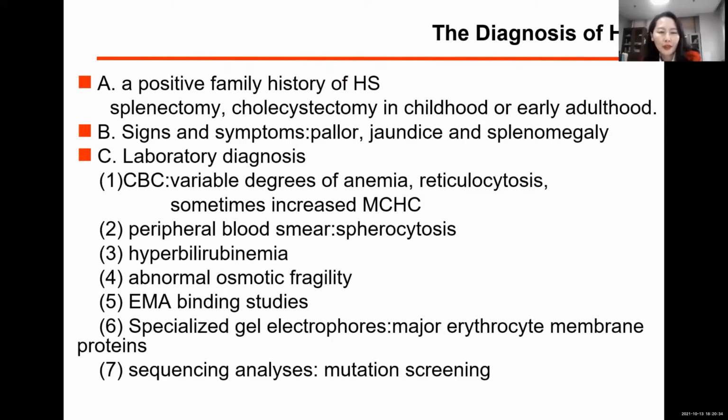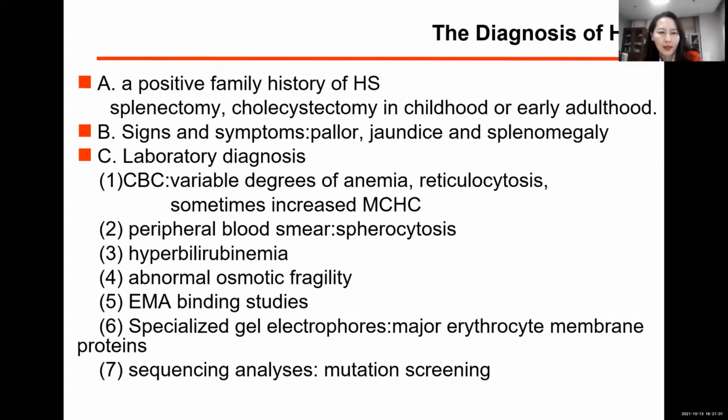C. Laboratory diagnosis. CBC: variable degree of anemia, reticulocytosis, sometimes increased MCHC. Peripheral blood smear: spherocytosis. Hyperbilirubinemia. Abnormal osmotic fragility.